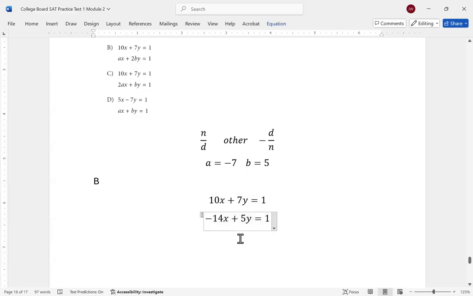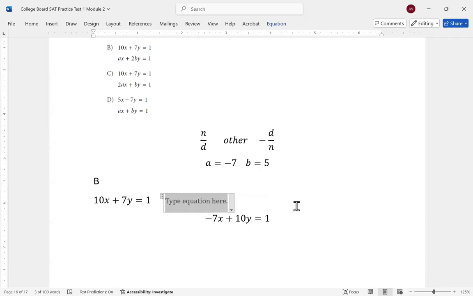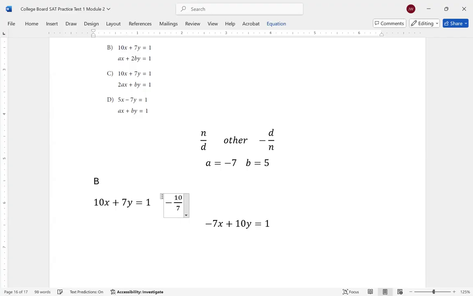B gives us this, and the slope of this first line would be -10/7. The slope of this second line would be 7 over 10.